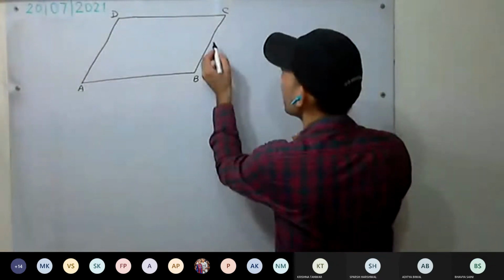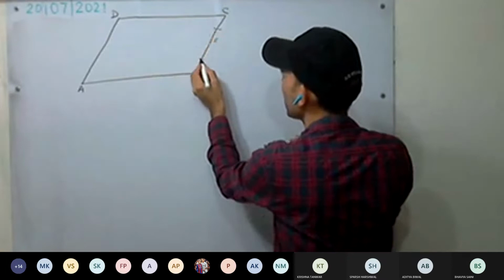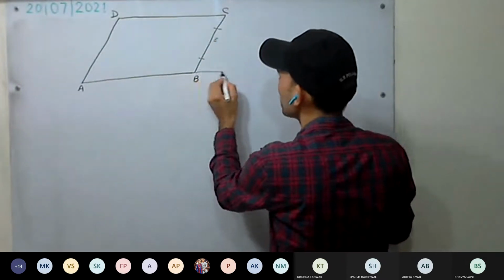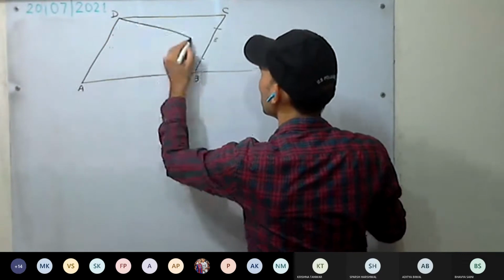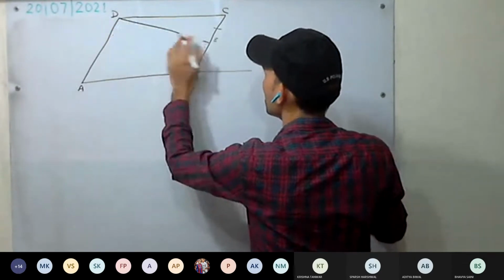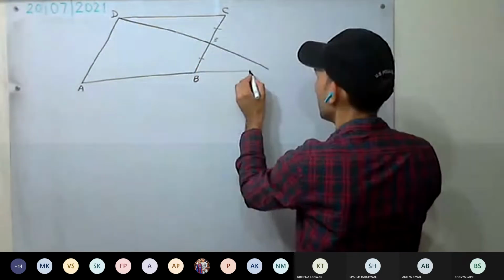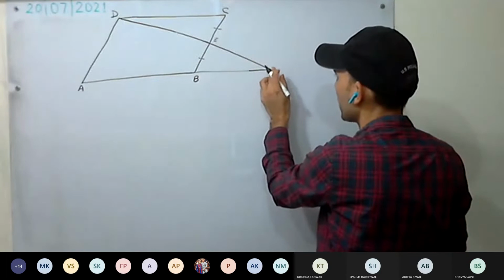So it's like this. We have taken E. E is the midpoint of BC. Now this has been produced, and from here we are drawing a line. This is the L point.